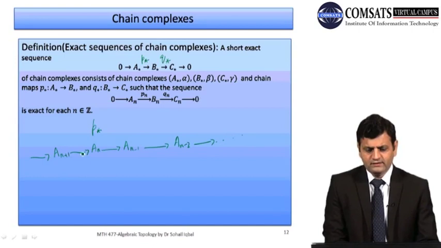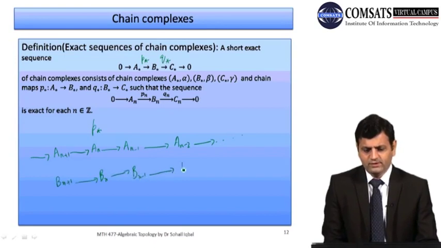On the other hand we have Bn plus 1, Bn, Bn minus 1, Bn minus 2, and so on, and there are boundary operators as well: partial n plus 1, partial n, partial n minus 1, partial n minus 2.